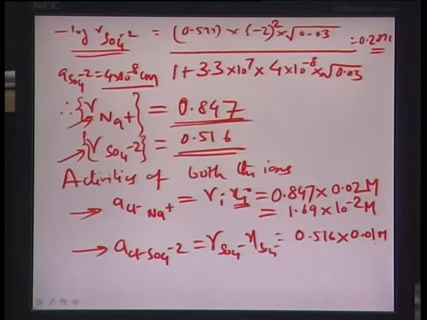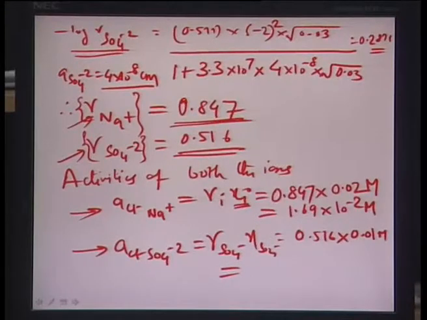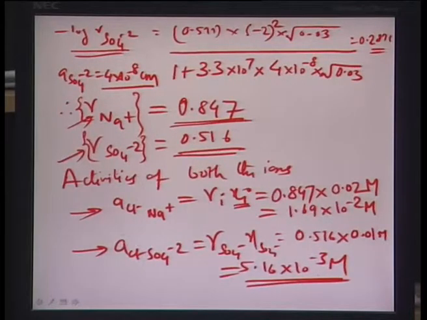Mind you, in one molecule there is only one SO4 which is present. Therefore, its concentration is the same as that of the Na2SO4 solution. So, this comes out to be 5.16 times 10 to the power of -3 molar. That is how you are able to calculate the activity of Na plus and SO4 -2 in a sodium sulphate solution.